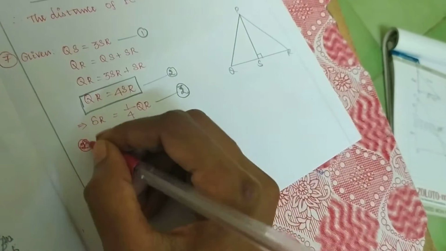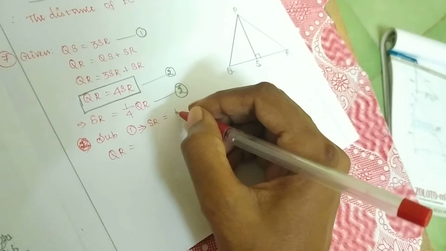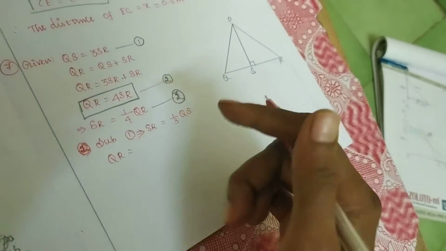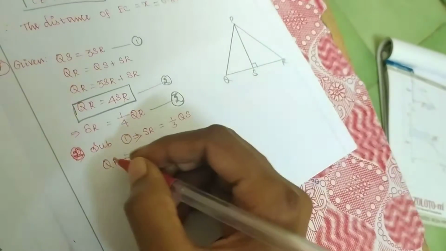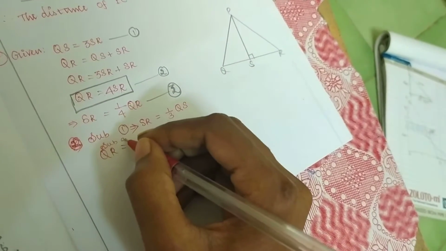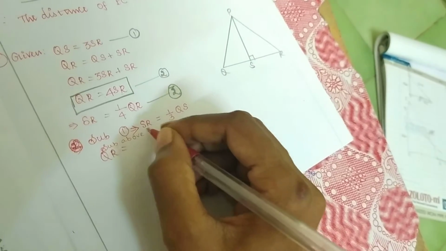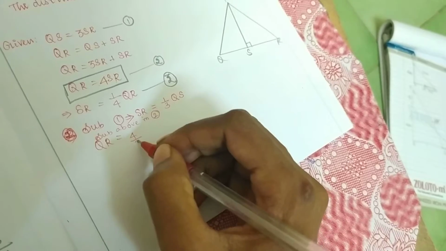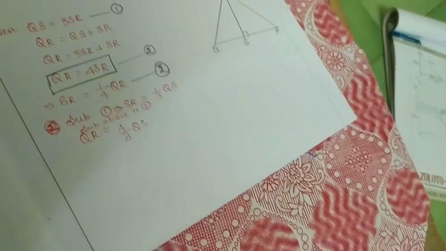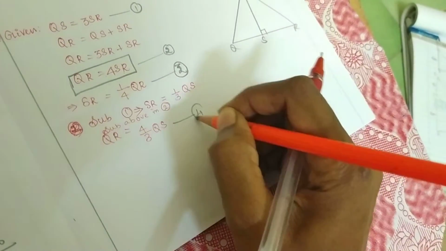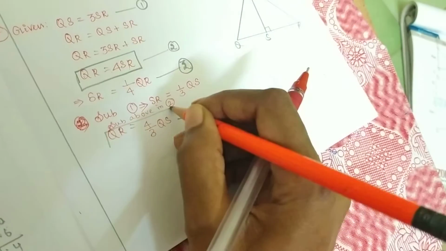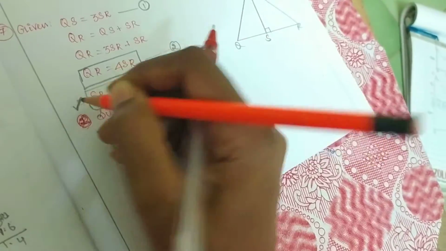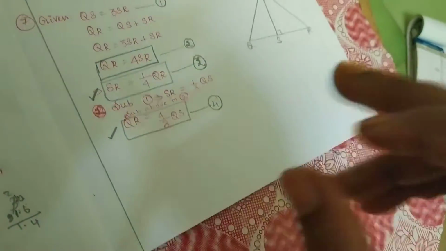From 1, SR is equal to 1 by 3 QS. So I can substitute this above in 2, so QR is 4 by 3 QS. This is my fourth equation. Are you clear? So the third and fourth we are going to use in the sums.